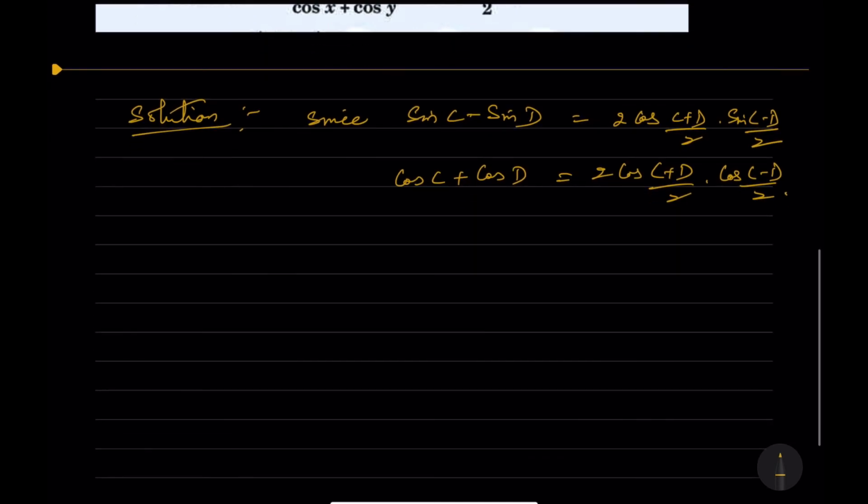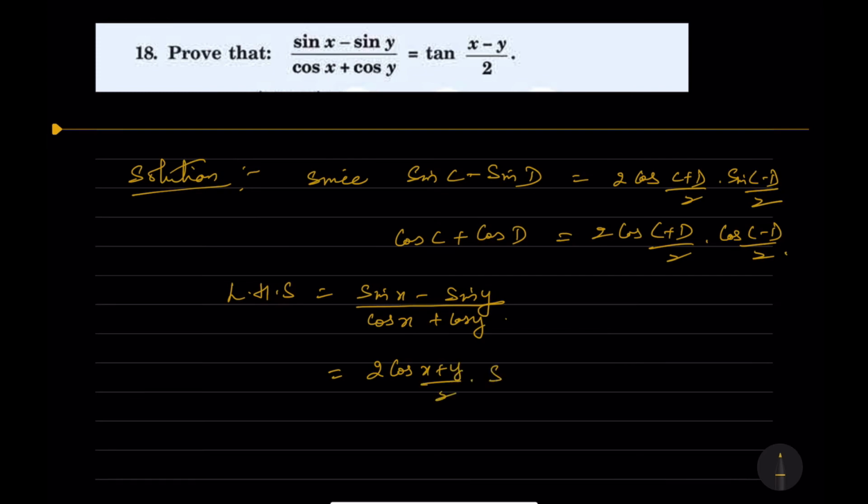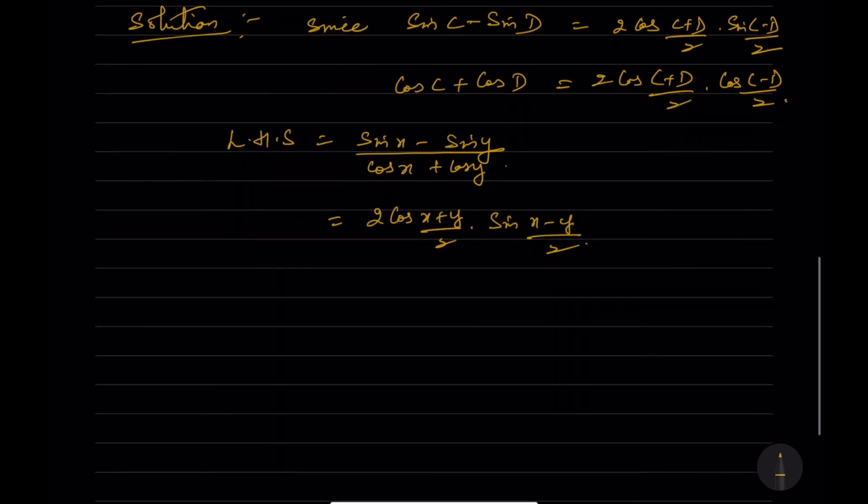So from LHS you are having (sin x - sin y) divided by (cos x + cos y) is equal to 2 cos((x + y)/2) sin((x - y)/2) divided by 2 cos((x + y)/2) cos((x - y)/2).